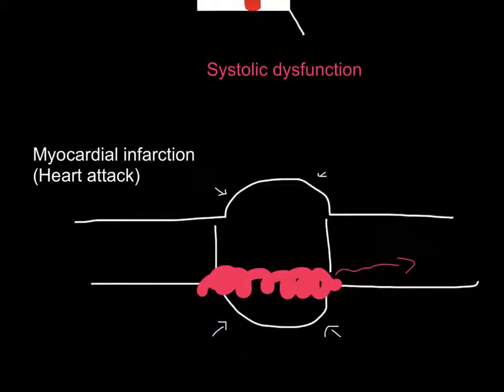But also damage from congenital disease. So a heart that's just not properly formed when the patient is born can lead to a very weak heart, and therefore it would be unable to properly contract and squeeze the blood that's in it out to the rest of the body.